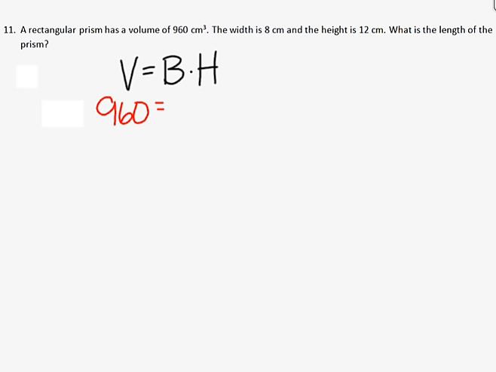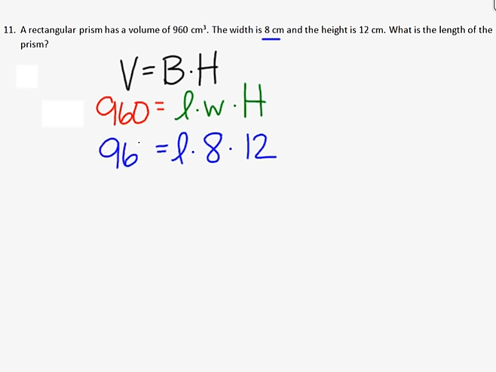Base is going to be length times width for a rectangle, and then we're still multiplying by height of the prism. It tells us the width is 8, so I'm going to put an 8 under the width, and the height is 12, so 12 underneath the H. And then bring down everything else, and now we can solve for length.